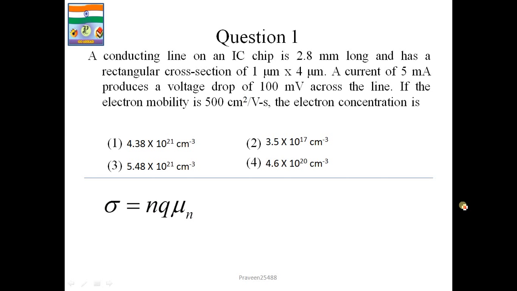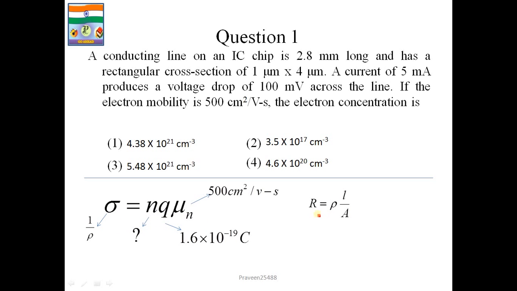So we know the formula: conductivity sigma is equal to n q mu n, where n is the electron concentration. In the question, mobility mu is given as 500 cm² per volt second, and q is the electron charge, 1.6 into 10 to the power minus 19 coulomb. We know conductivity is the inverse of resistivity.